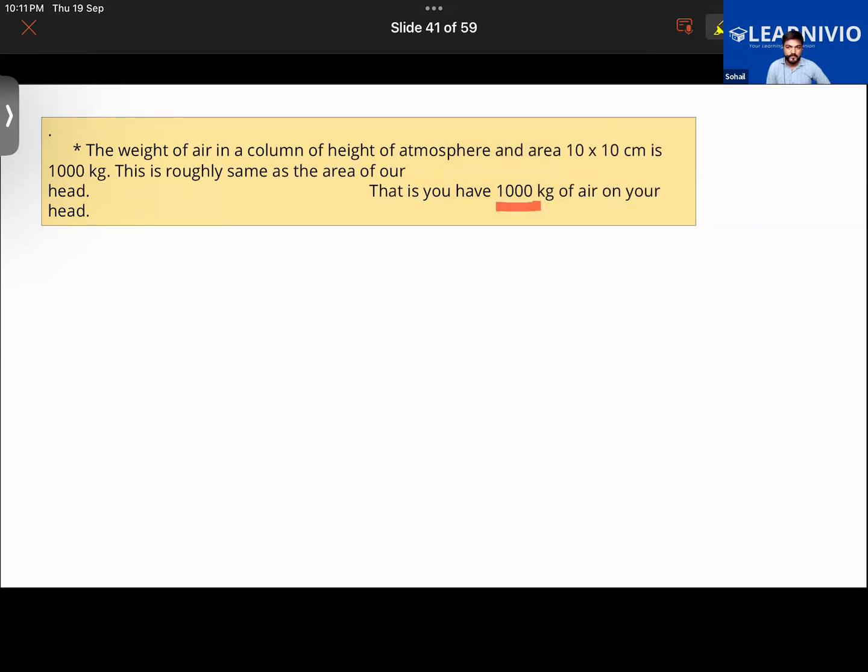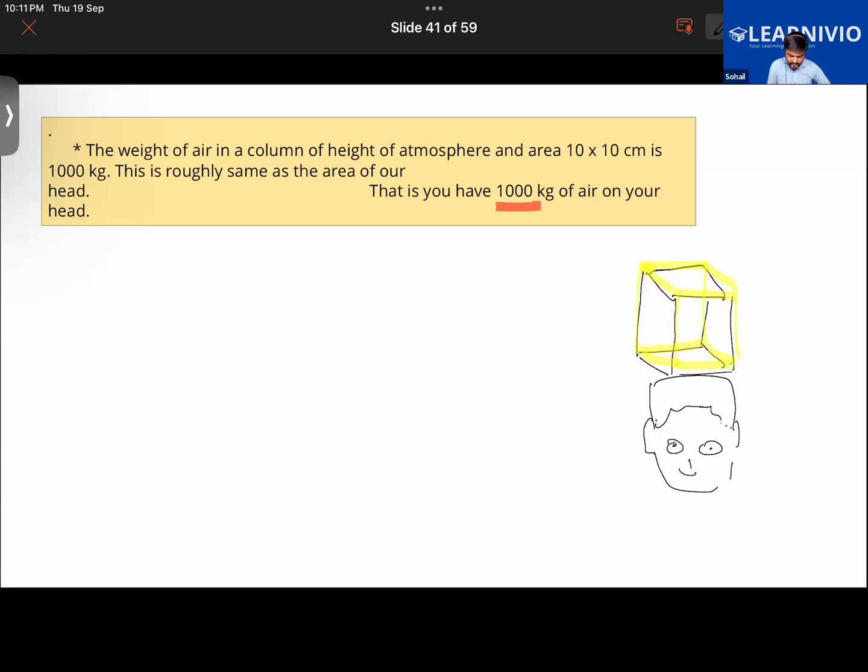Yes, sir. So say that this is an area of 10 by 10. 10 is the height, 10 is the breadth, 10 is the length. And say that this is the head of any given person. So the head of this person is actually experiencing a weight of how much?